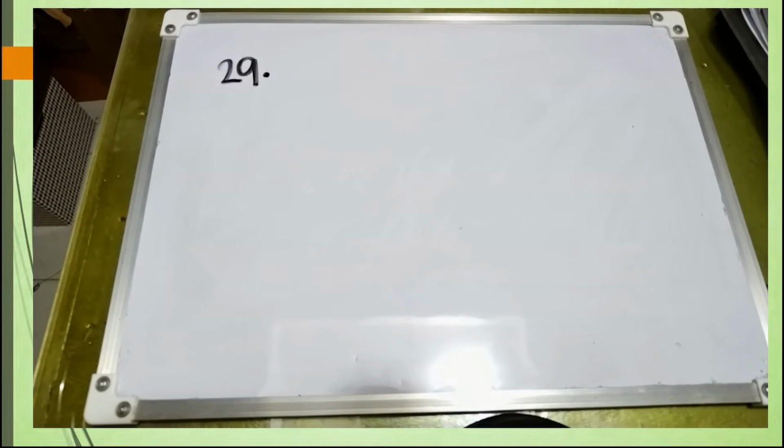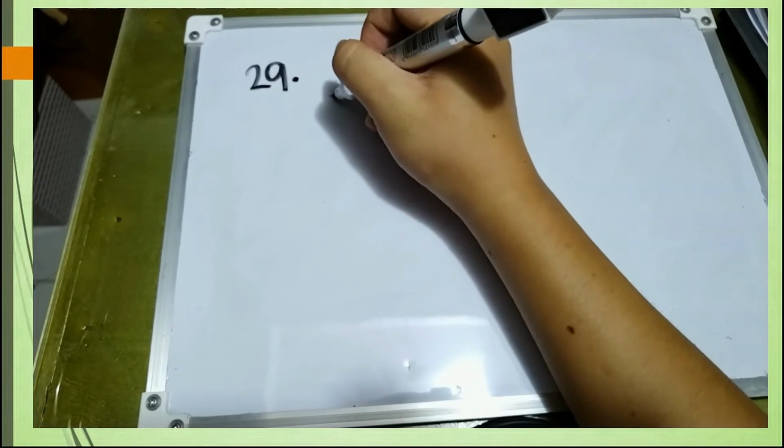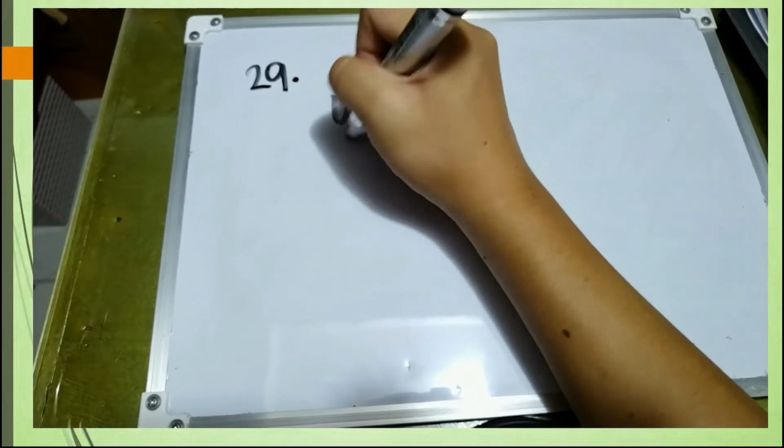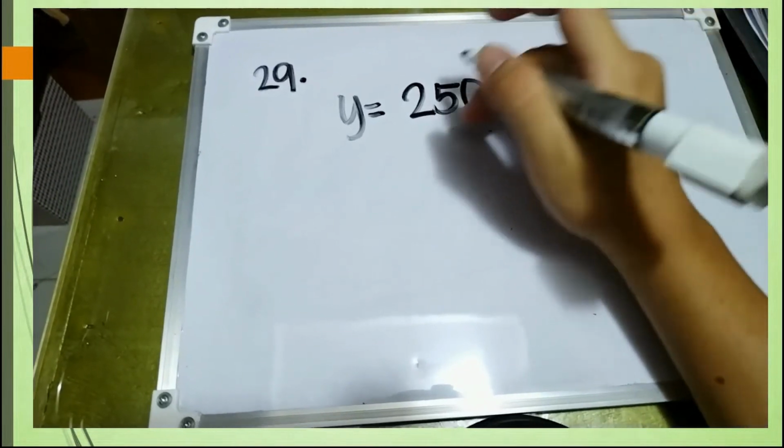For number 29, suppose a population of 250 crickets doubles in size every 6 months. How many crickets will be there after 2 years? So the exponential function would be y is equal to 250.